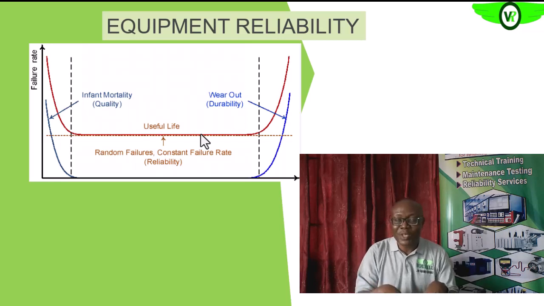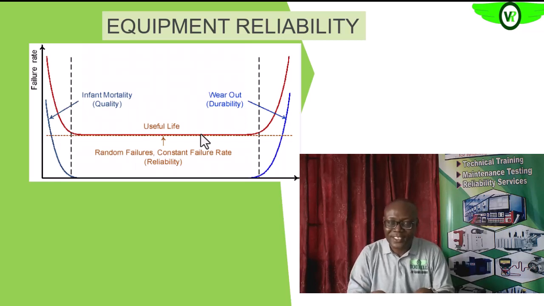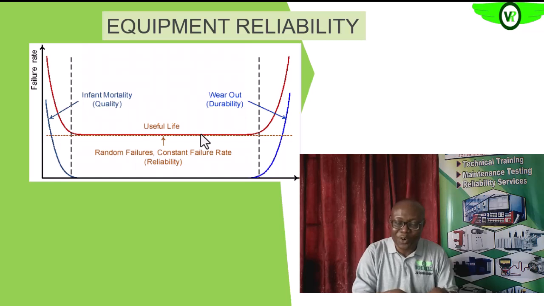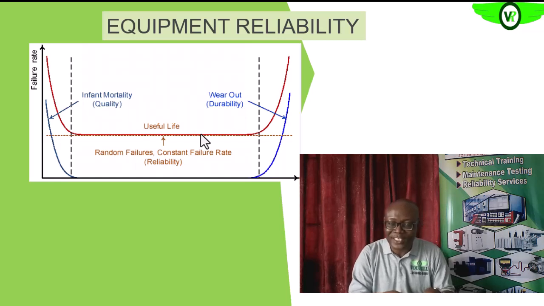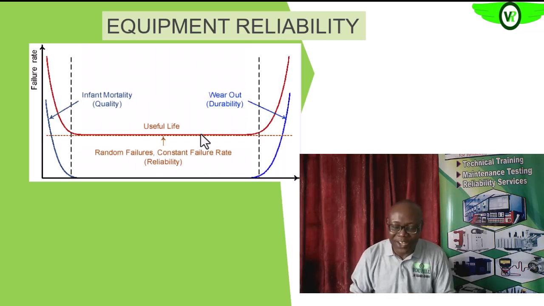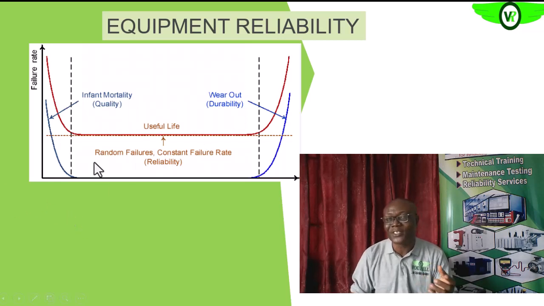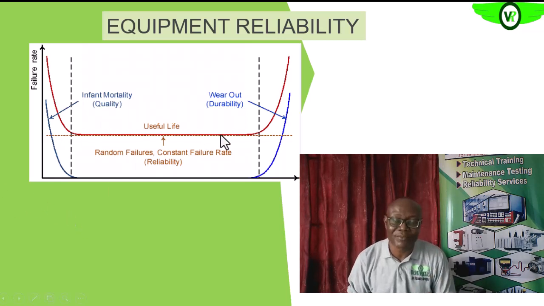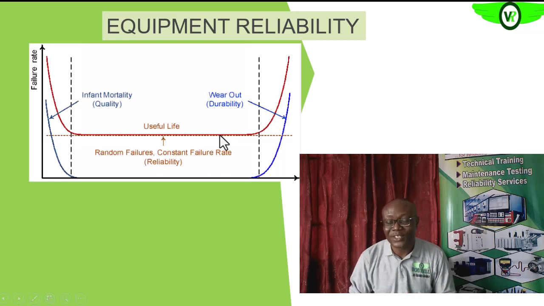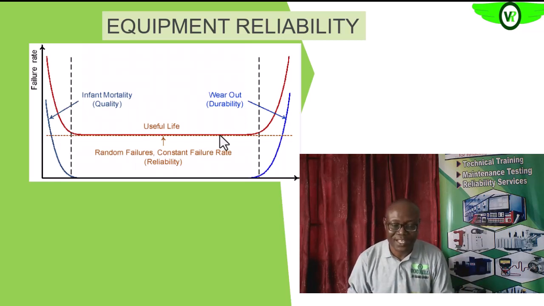So that will make us not catch the components or the asset when it is failing around this useful life, and that is one of the reasons why we have breakdowns that result in unplanned maintenance most of the time on these assets.